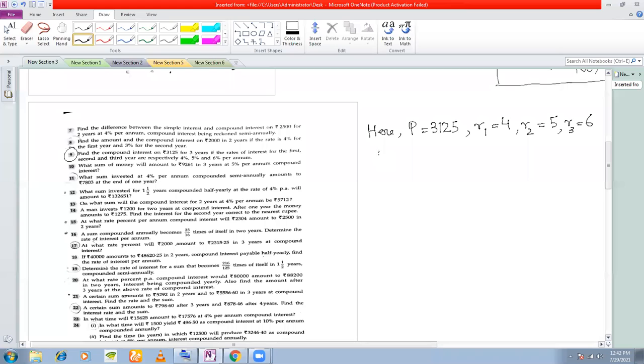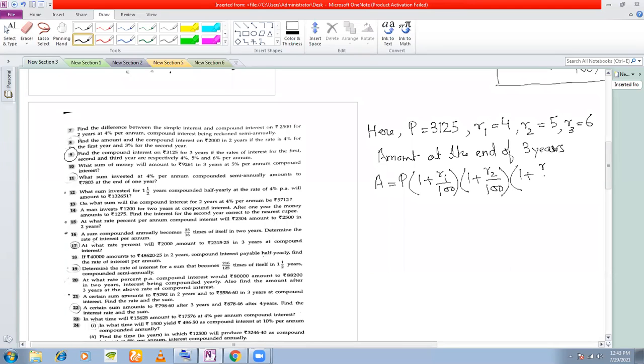Okay. So amount, you need to find out compound interest. So before the compound interest, you need to find out the amount. Amount at the end of 3 years. A is equal to P into 1 plus R1 by 100, into 1 plus R2 by 100, into 1 plus R3 by 100.